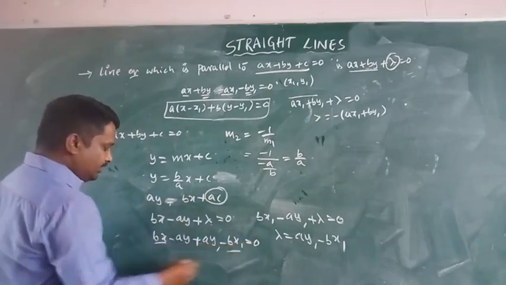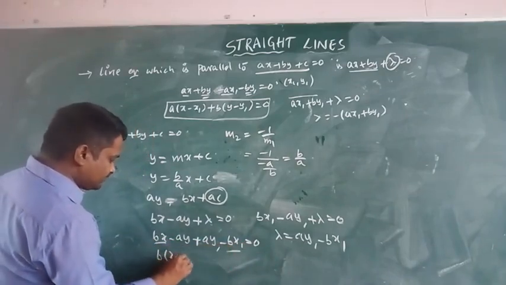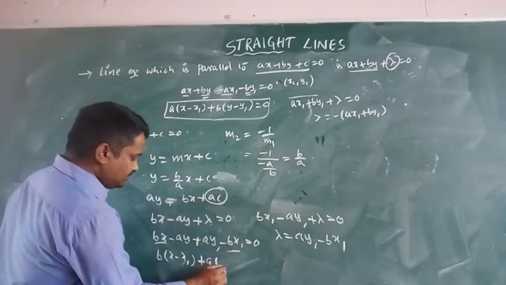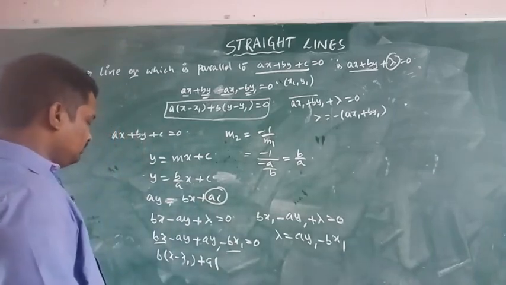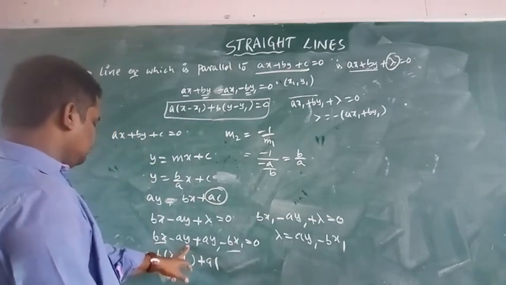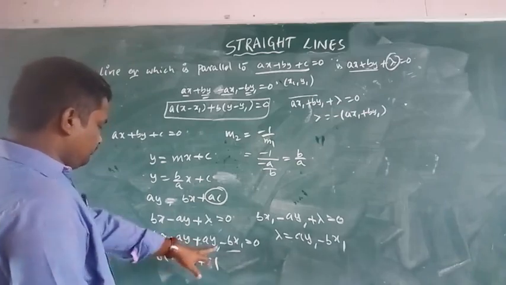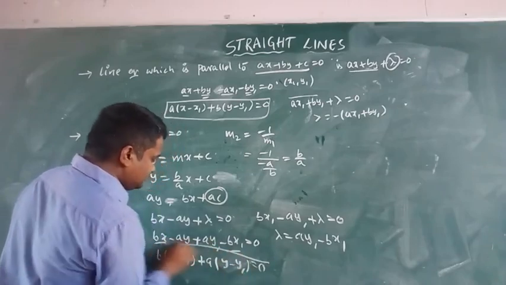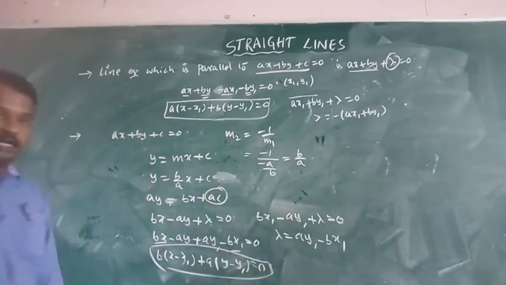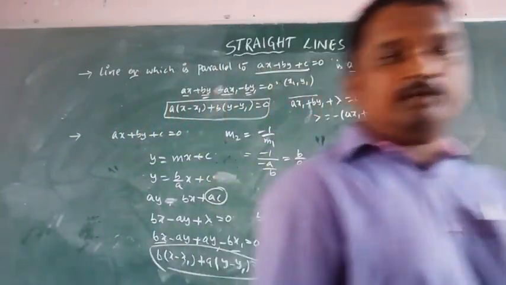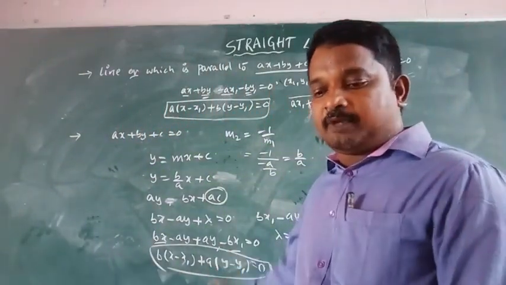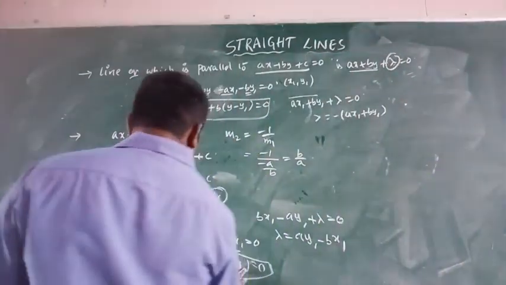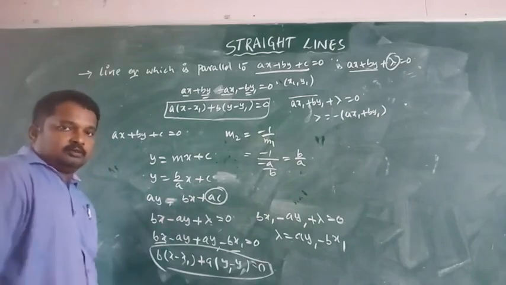From these two you take b common: b(x - x1). From these two you take a common: a(y - y1) = 0. This is the line equation which is perpendicular to ax + by + c = 0 and which is passing through (x1, y1).